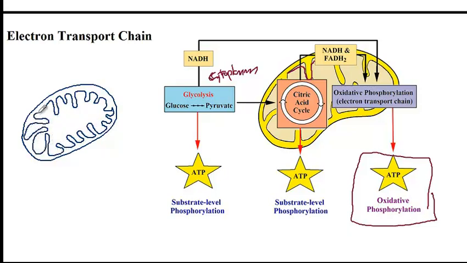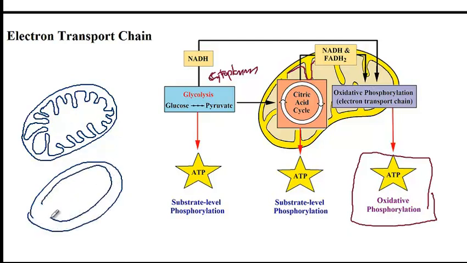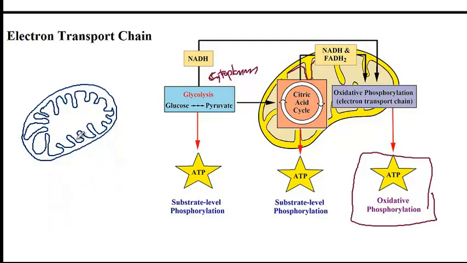The purpose of all these folds is to increase the surface area of the mitochondria, because imagine we didn't have any of these folds. That would be our inner membrane. How much space do we have? Not that much. Versus look at all the space that we got from all these folds. So it increases the surface area required for the electron transport chain.